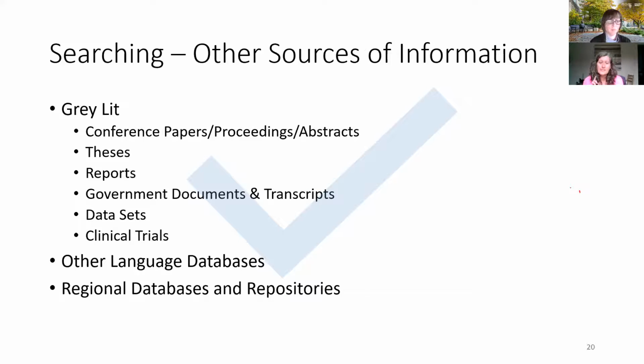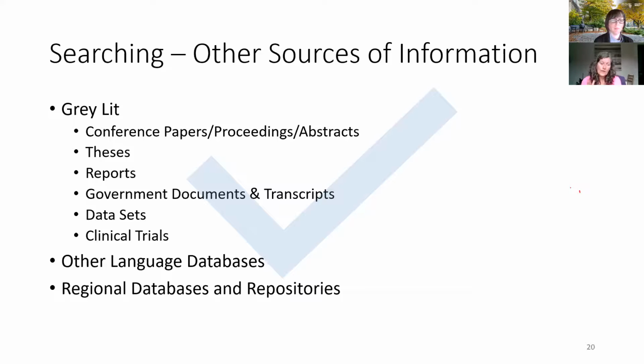There's also, and this is a huge part of the knowledge synthesis and systematic review process, gray literature. There are certain tools that will pull from databases, but not everything is found in a database.